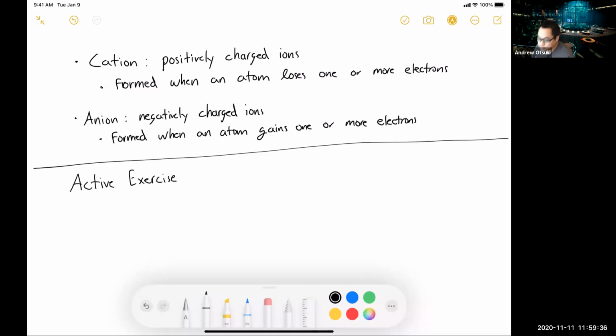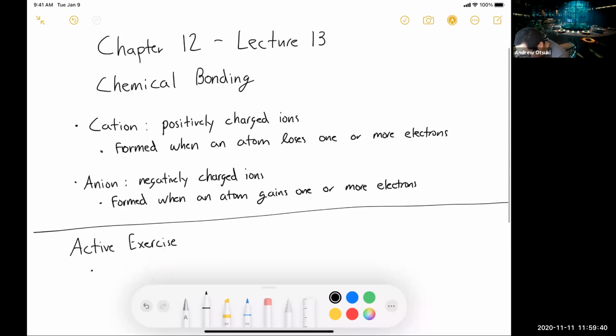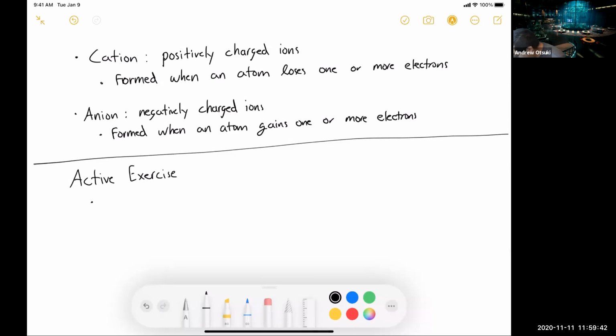I'm going to ask you to write the electron configuration for the calcium ion.